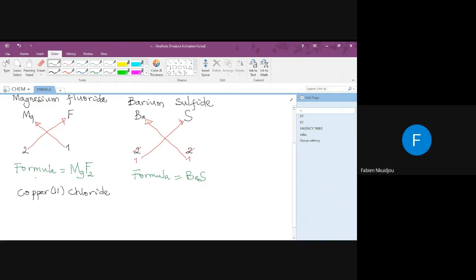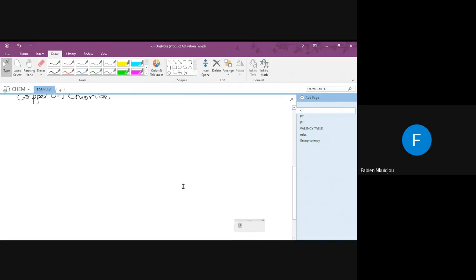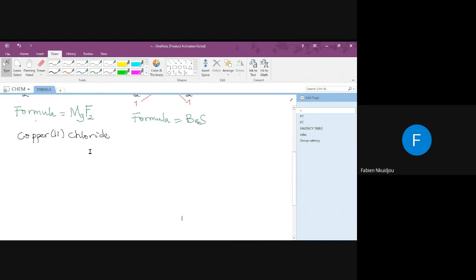Now, what are the elements present in copper 2 chloride? We can clearly see that we have just two elements. We have copper and chlorine.